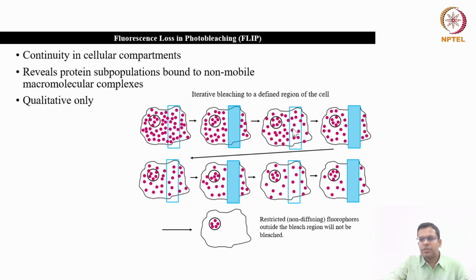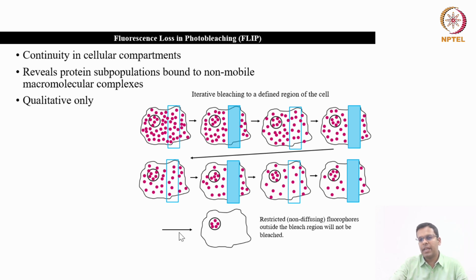Then again, you will allow some time for the molecules to recover in this area, and then again you will bleach. You do iterative cycles of bleaching, giving some time for the protein to recover.